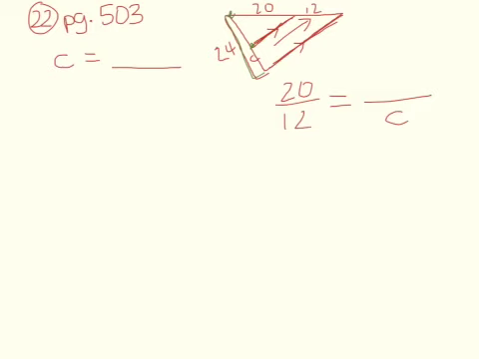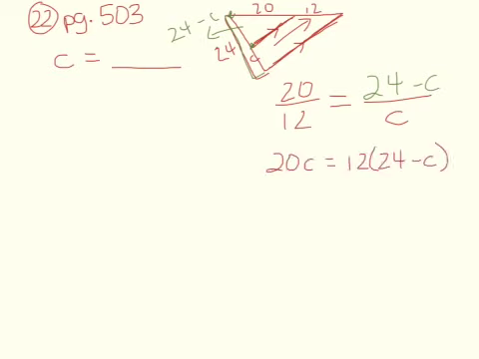So this segment could be found by doing 24 minus whatever C is. So I'm going to do that segment as 24 minus C. Now I'll cross multiply and solve. Cross multiplying, I've got 20 times C is equal to 12 times 24 minus C.